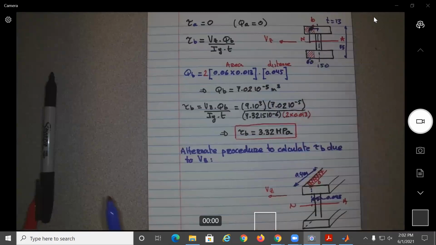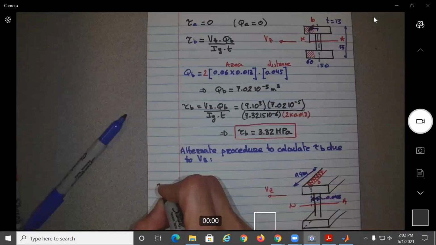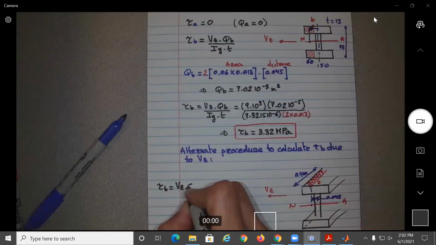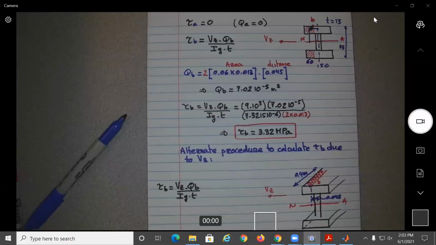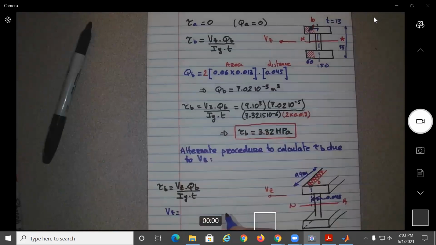All right, so if we now use the same equation, tau of B equal to VZ Q of B divided by I of Y T. But this time, VZ will be the same thing, 9 10 to the 3.